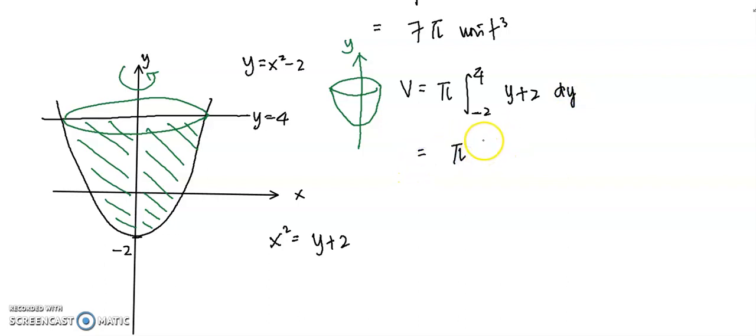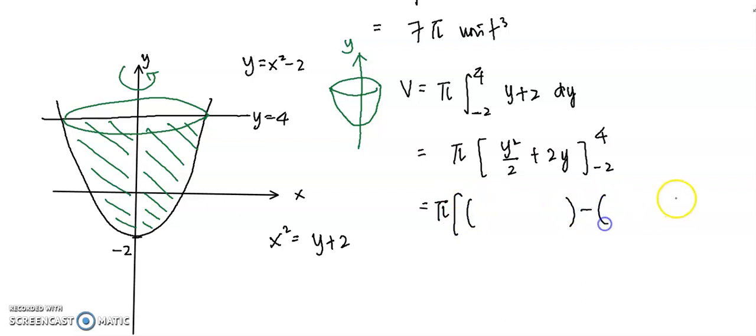Integrating, you will have y squared over 2 plus 2y. Put in your limits. Put in 4, you will have 16 over 2 for the first term. Then 4 multiplied by 2, you get 8. Put in -2, you have 4 over 2, minus 4.